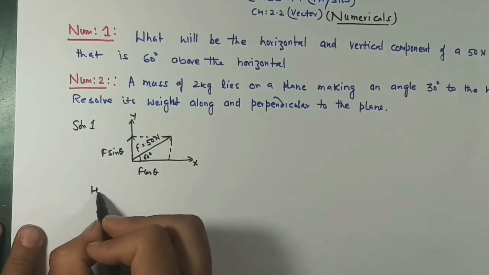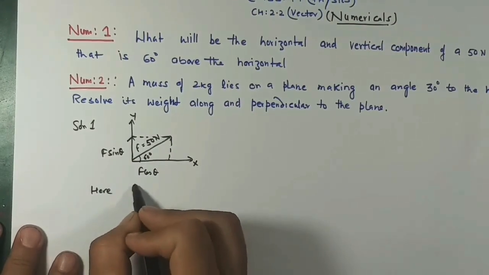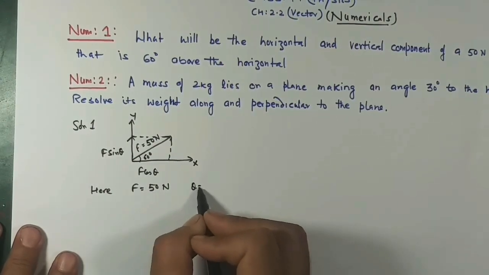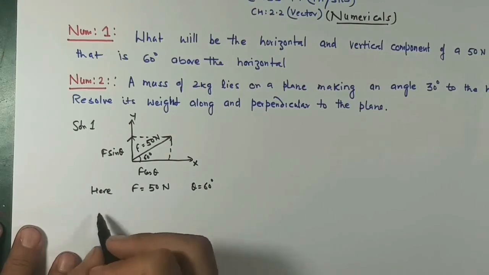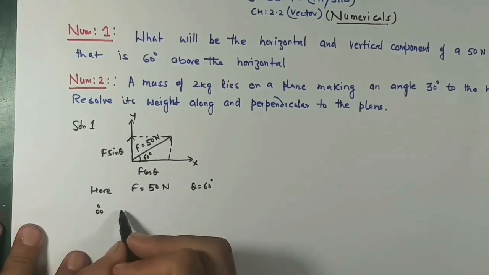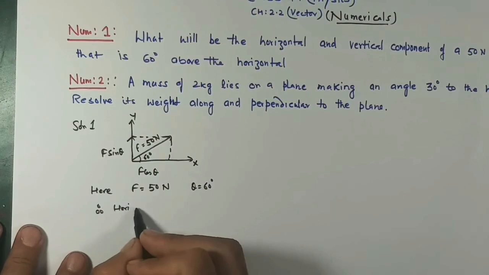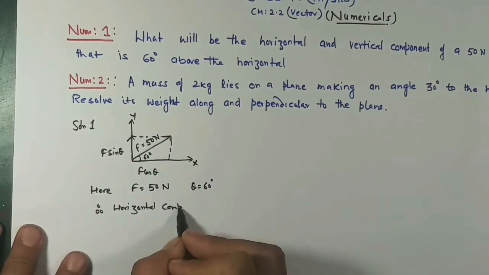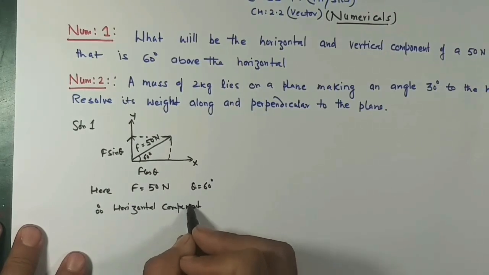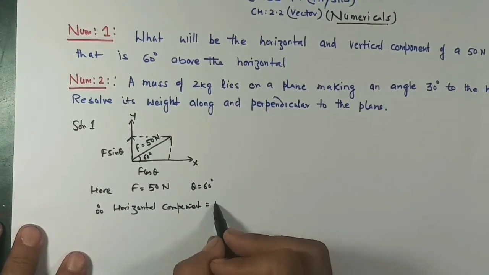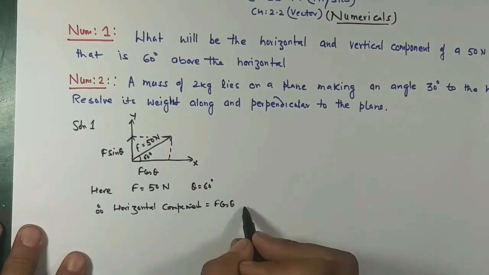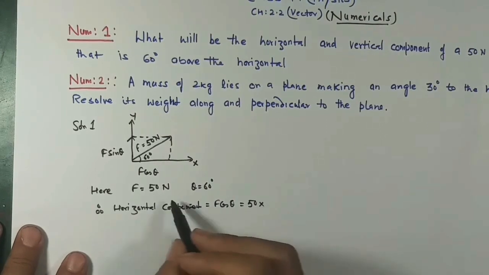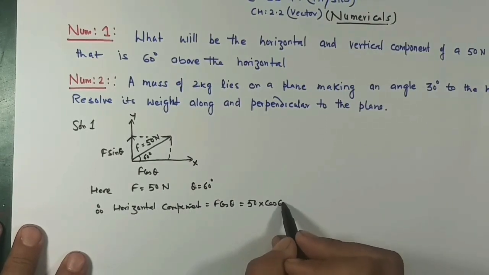So here F is equal to 50 Newton, theta is equal to 60 degree, therefore horizontal component comes out to be F cos of angle theta, or F is 50 into cos 60 degree.